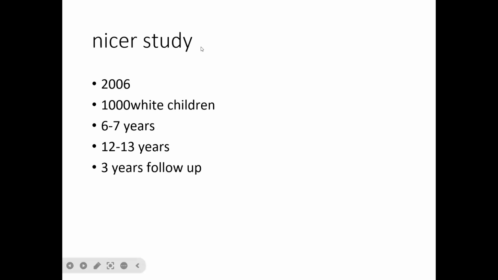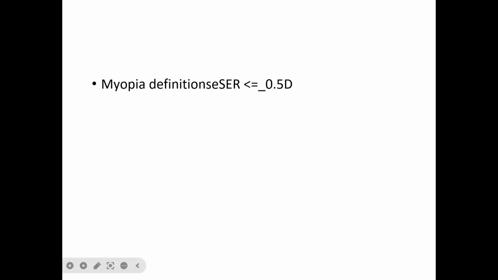The NICE study, which we have already seen, started in 2006. They took 1,000 white children in the age groups of 6 to 7 years and 12 to 13 years and followed them up every 3 years till 9 years. They defined myopia as spherical equivalent refraction of less than or equal to minus 0.5 diopter.